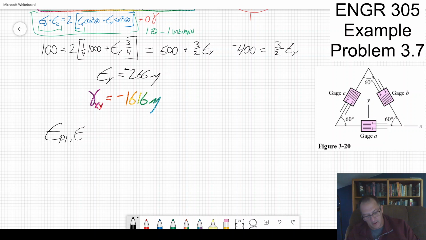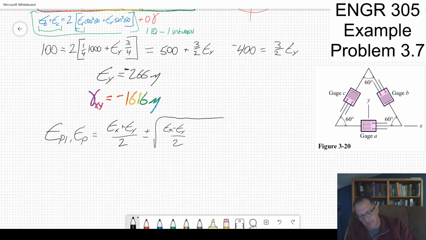Do you remember? Strain in the X minus the strain in the Y divided by 2, quantity squared, plus gamma xy over 2 quantity squared. And that's going to give you your two answers, and we can proceed from there.